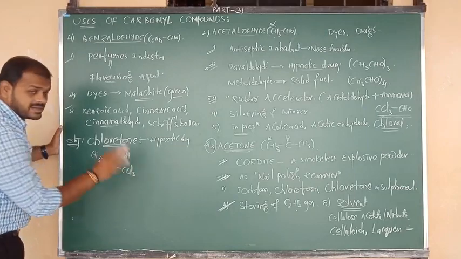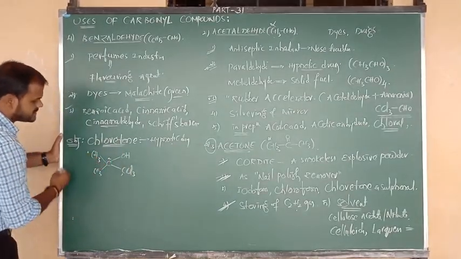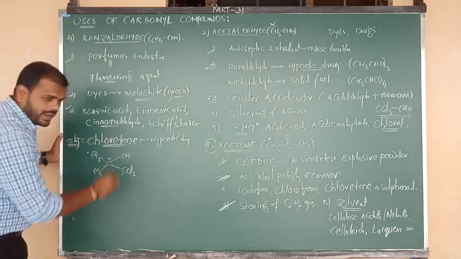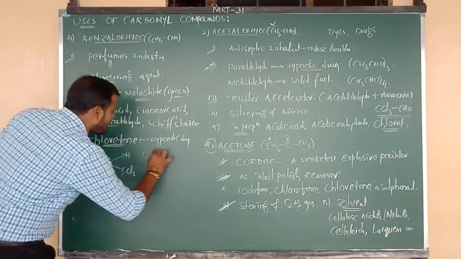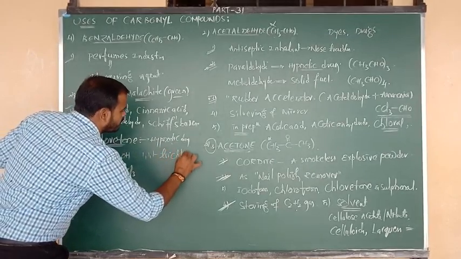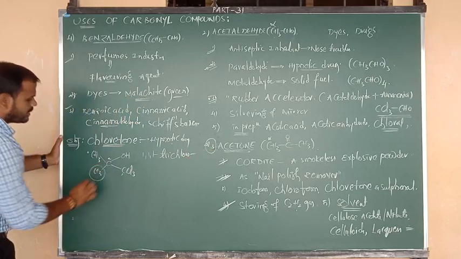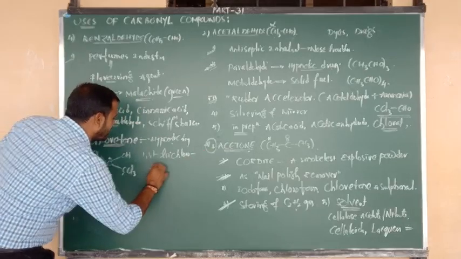Yes, three chlorines on one side chain. This is 1, this is 2, and this is 3. So carbon 1 contains 3 chlorines, 1,1,1, simply we can say trichloro. Next, the second side chain is nothing but methyl.